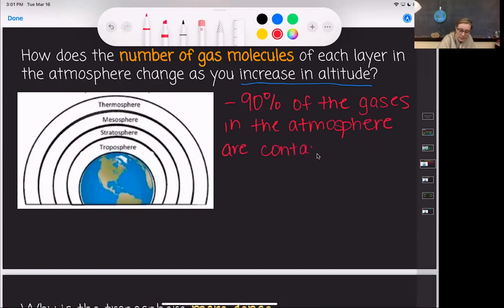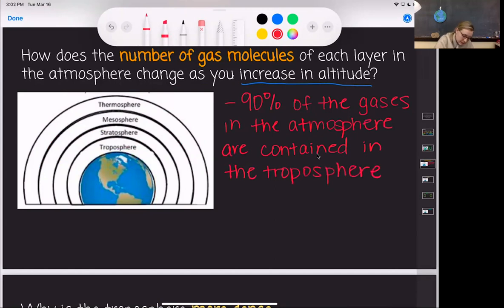And that makes sense because these are the gases that we breathe, the gases that plants need to grow. All those gases need to be close to the Earth because that's where things are using them. So 90%, almost all of the gas molecules that the whole atmosphere has, are shoved into the troposphere.